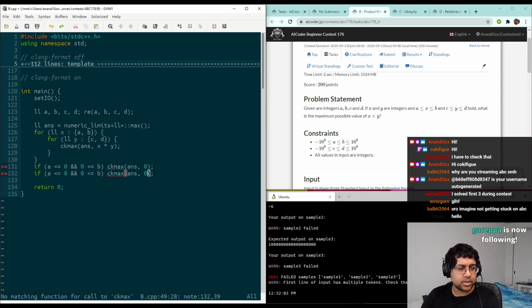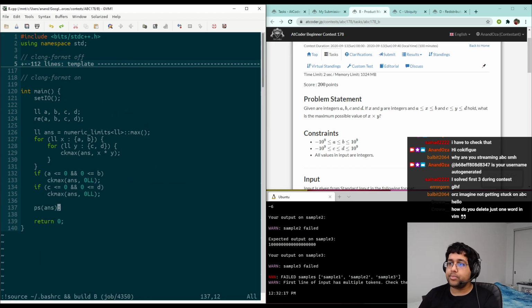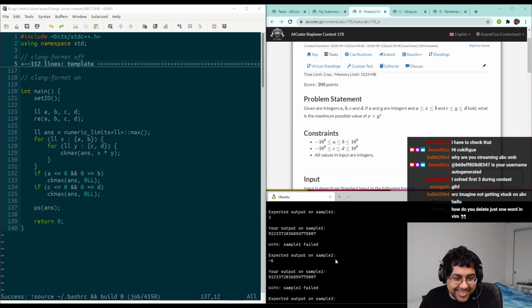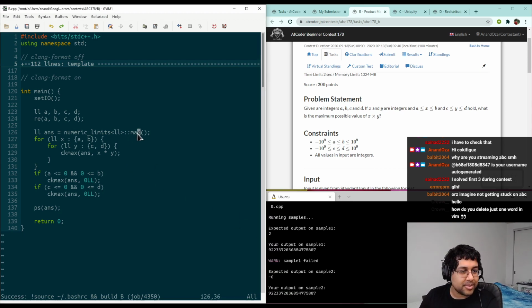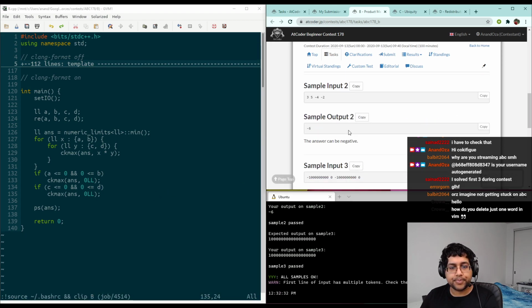And there might be some edge case with only being able to get a negative number. So let me see if I'll just cover that. All right. Maybe I should initialize this to min instead of max. Cool.